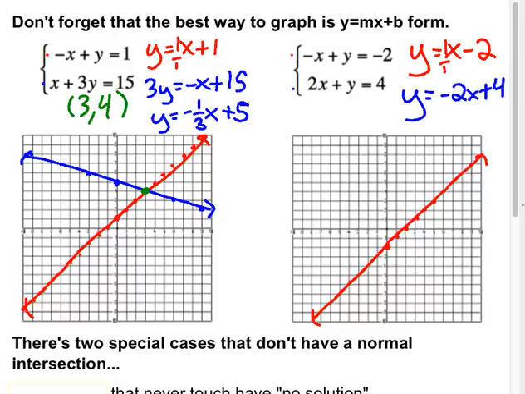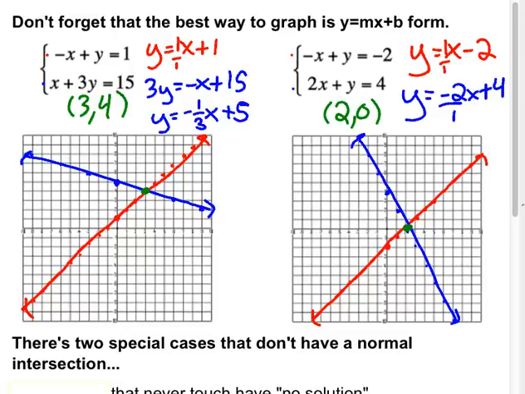So I start at 4, then I have a slope of negative 2 over 1. Down 2 over 1, down 2 over 1, and so on, and draw my line. Be careful while you're drawing it, but you should see the intersection right at the green, and that is going to be at 2, 0.